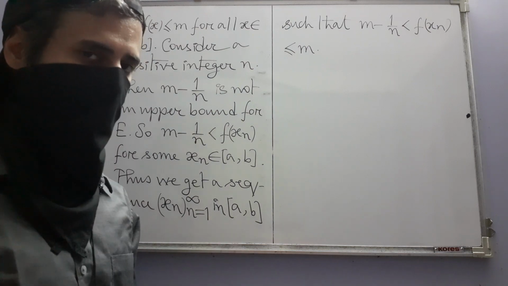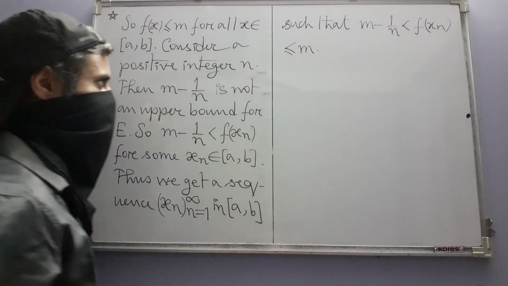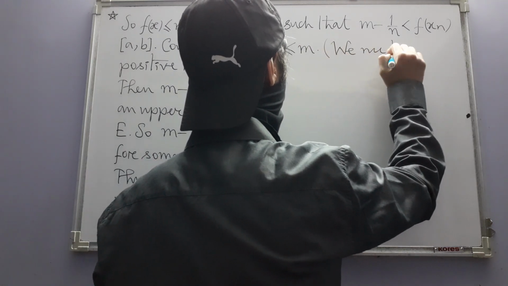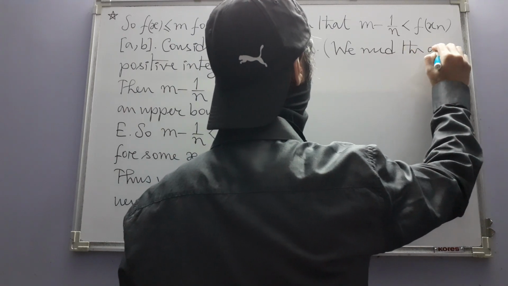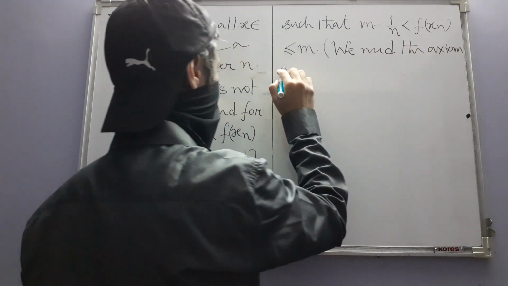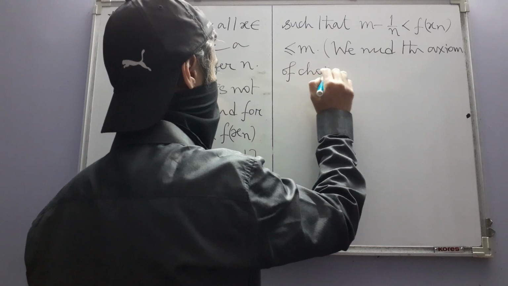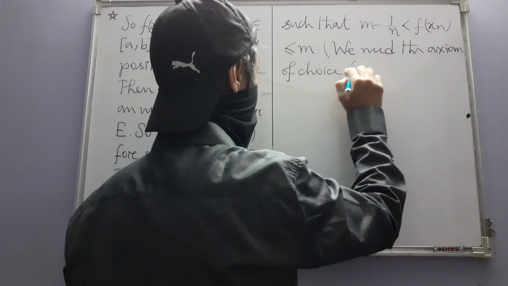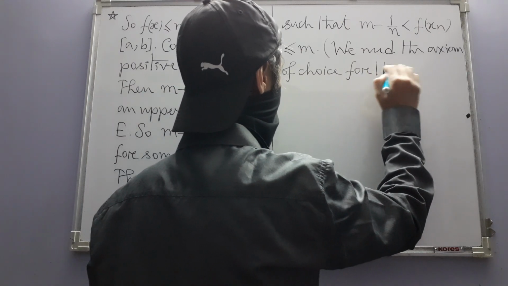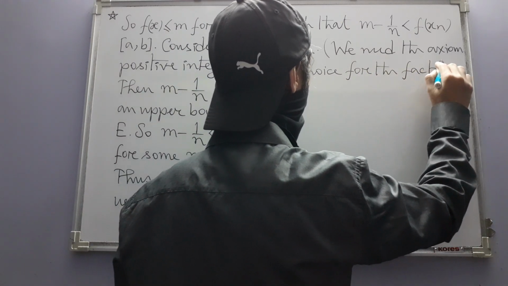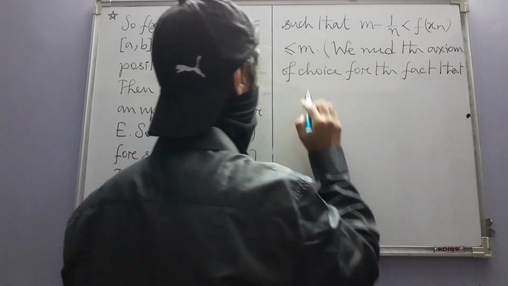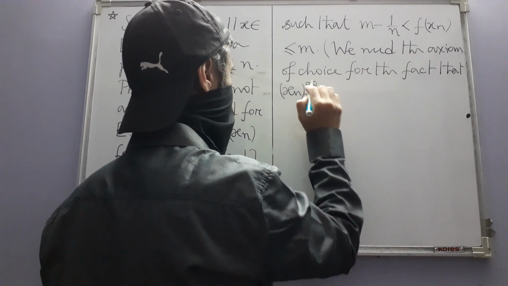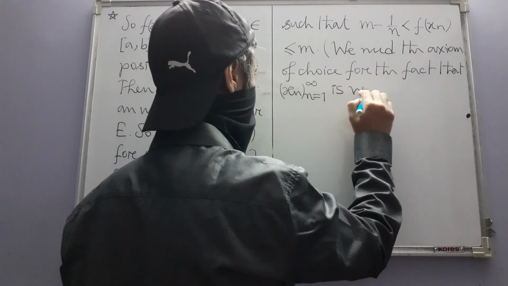There is no problem, but still let's see that actually we need the axiom of choice here for the fact that xn is well defined.